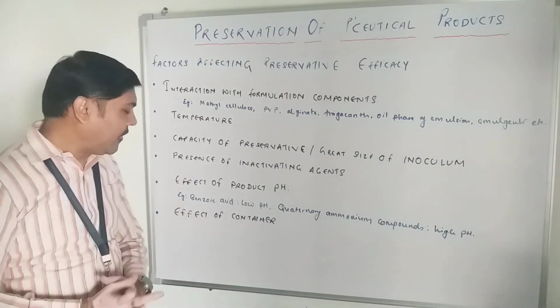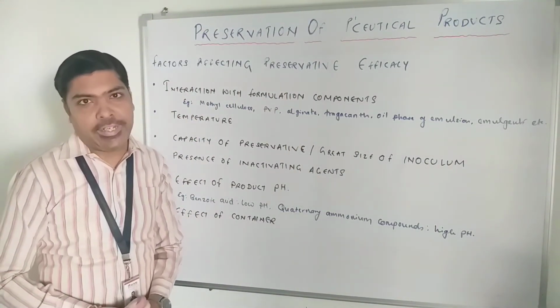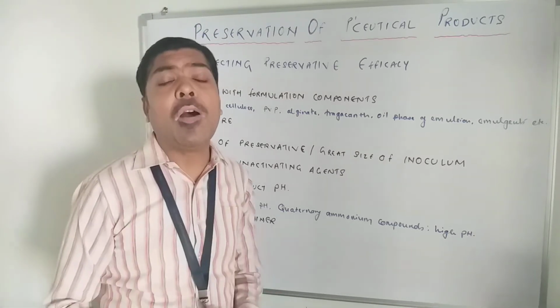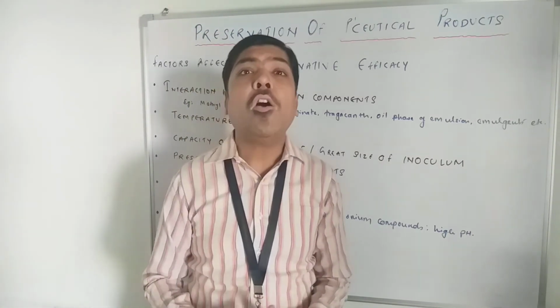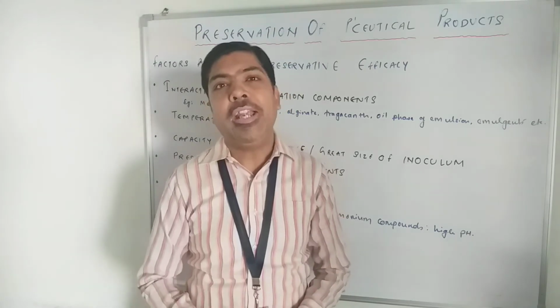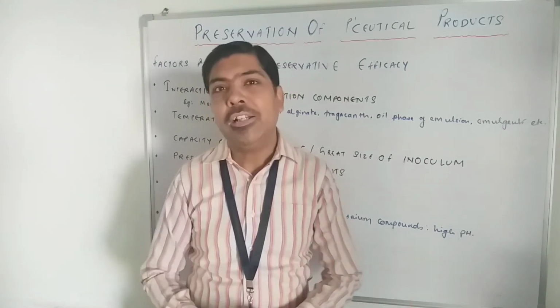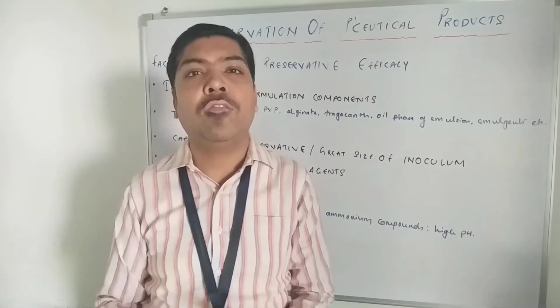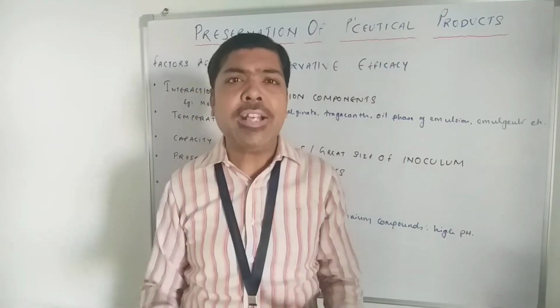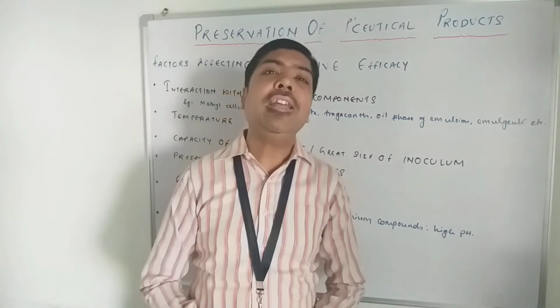Now the next factor is the effect of the container. The container in which the pharmaceutical preparation is kept also plays a very important role in determining the efficiency of a preservative. It is observed that if the container is made of glass, there is very little interaction between the preservative and the glass container.